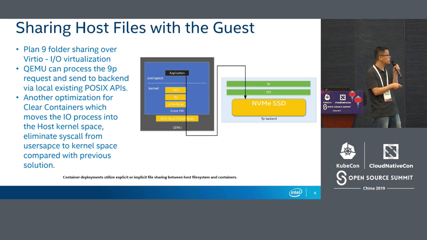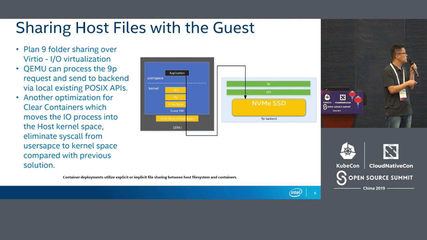For the kernel solution, there is also an upstream Vhost 9P, which was used in kernel 8.0. Now let's look at the back end.